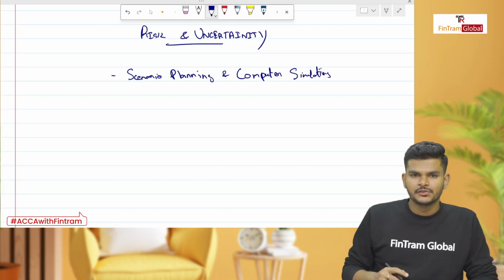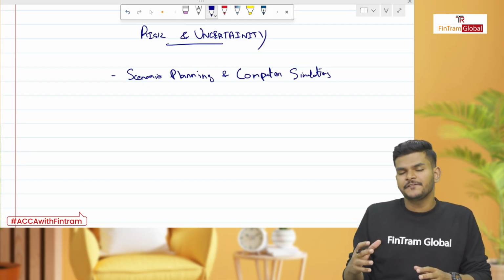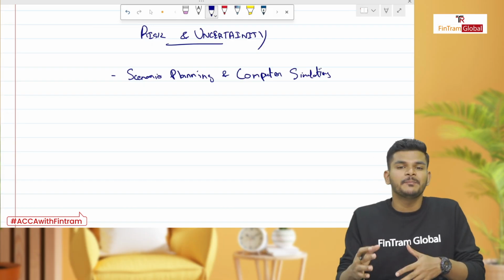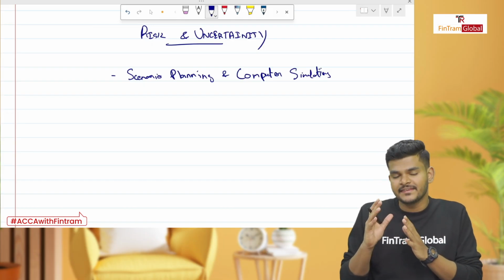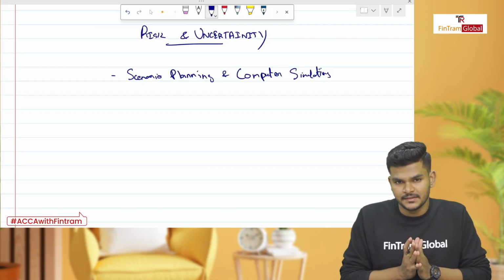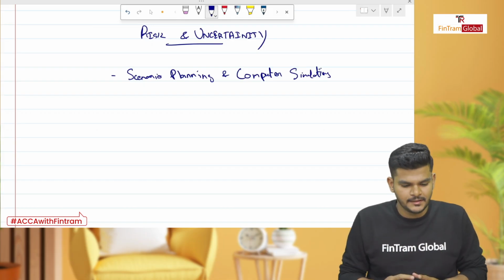By running computer simulations, we would be able to identify different types of outcomes if we make different types of decisions. So that's one way of assessing the overall risk and uncertainty that is facing an organization.